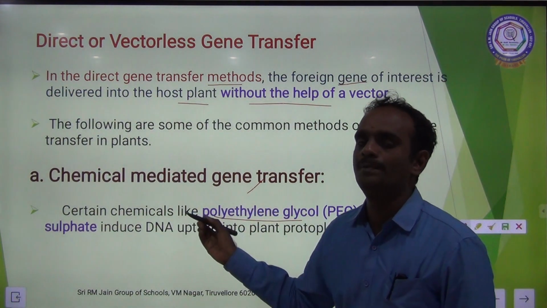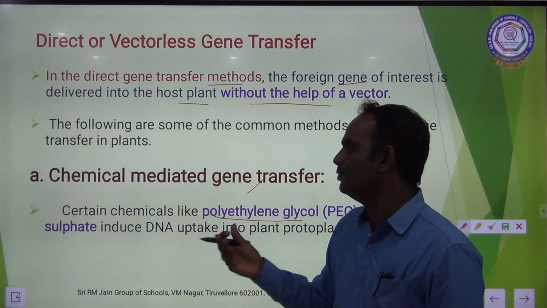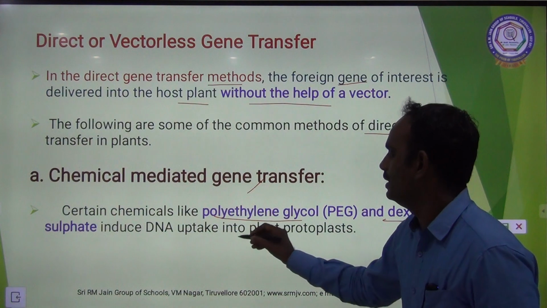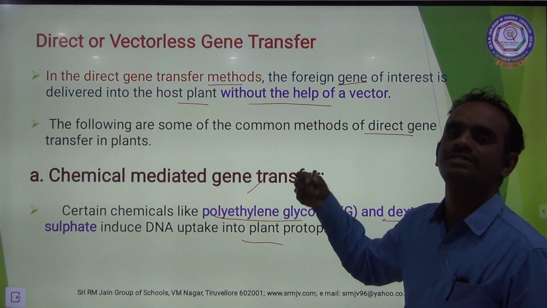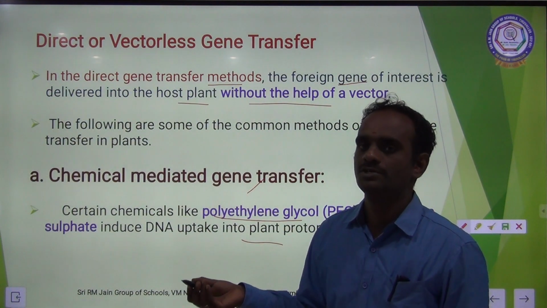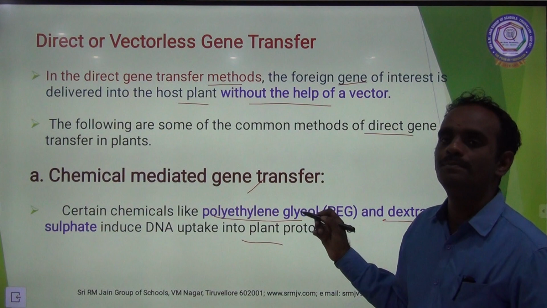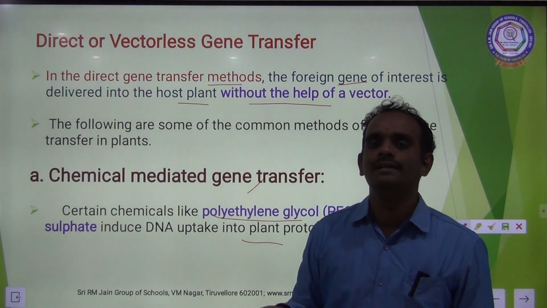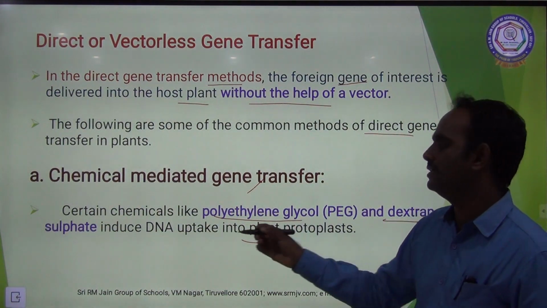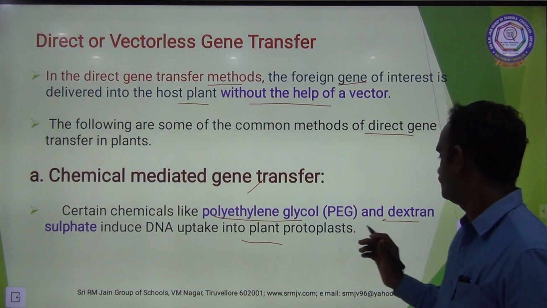Chemicals like polyethylene glycol and dextran sulfate induce DNA uptake into the plant host protoplast, that is the plant host cell. Once again, chemicals such as PEG and dextran sulfate induce DNA uptake into plant protoplast.